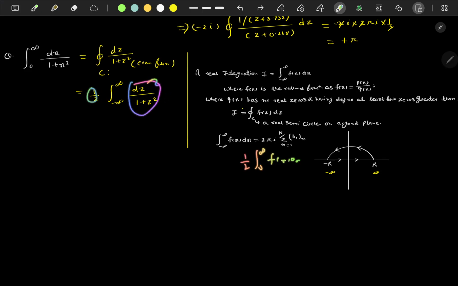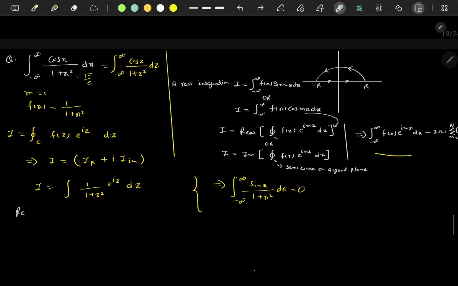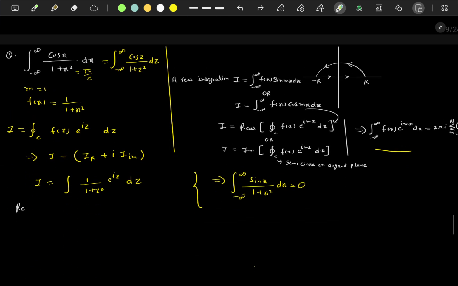We have already solved this integration in our previous classes. Now it is again cos z by z square. It's also an even function, so you can put 1 by 2 here also, or you can convert it in iota z form, e raised to power iota z form.